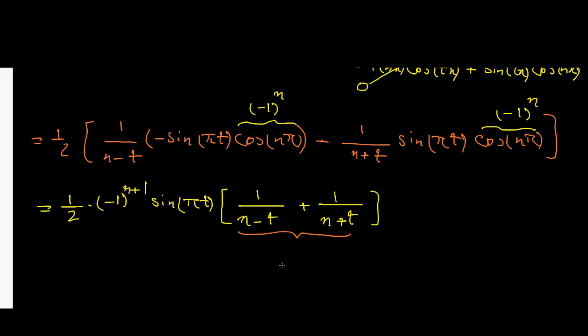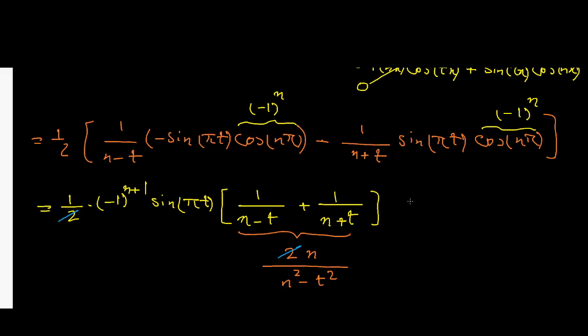And simply, if we add these two fractions, we get n squared minus t squared as the common denominator. And if we add these two terms, t and negative t cancel out, and we get 2n, where this two cancels with that two.